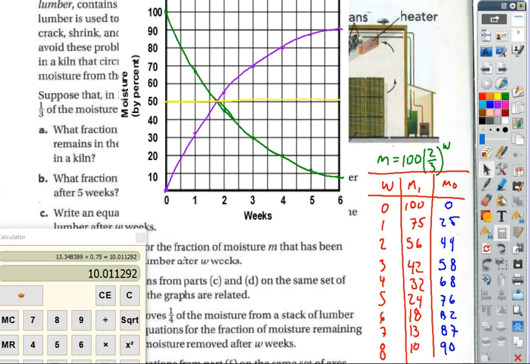All right, excellent. And I wonder if it's going to be symmetrical about that 50% line again. I'm curious. So at 0, we're at 100 again. That's not the red pen.